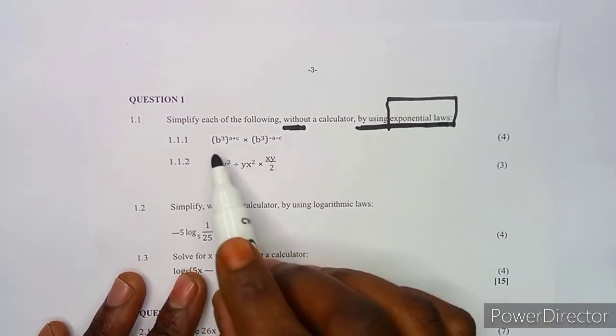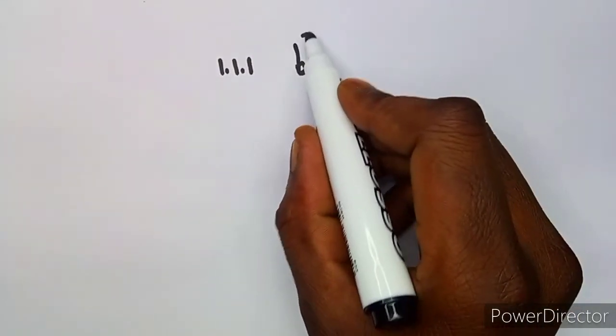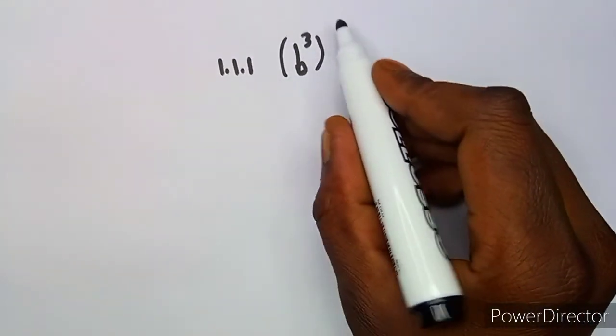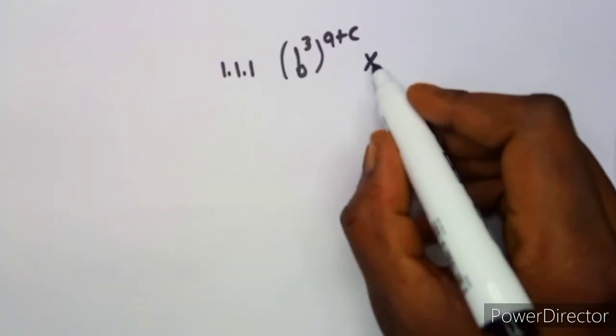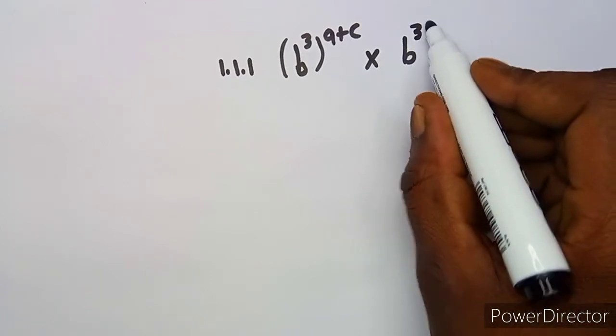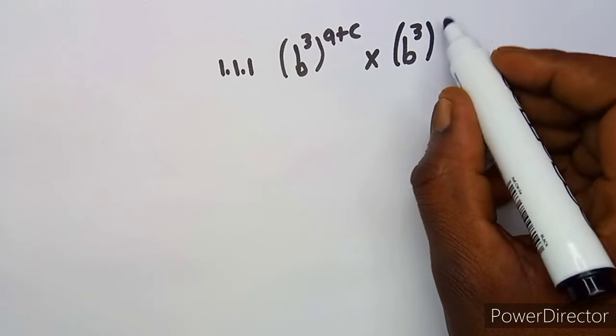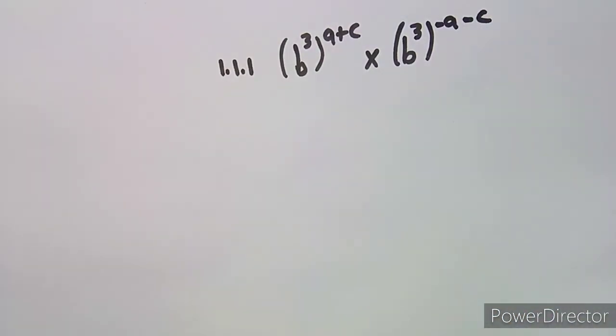So the first question, that's 1.1.1, which is b to the exponent of 3 affected by exponent of a plus c, multiplying b to the exponent of 3, this one is affected by minus a minus c. So that is what they are testing us, guys.